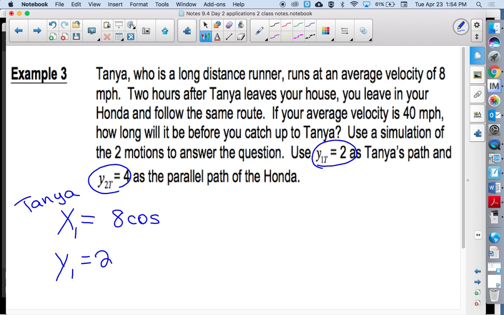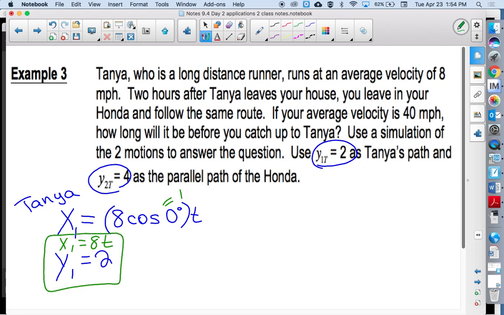In theory, if we're running just horizontally, the angle is 0, which we know in Pittsburgh that is impossible, but we'll say that it is. What would you get if you had 8 times the cosine of 0 times t? So what is the cosine of 0, Virginia? Yeah, because the cosine of 0 is 1. So my x equation would just be 8t.